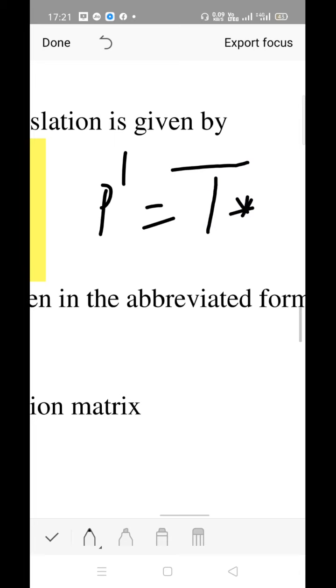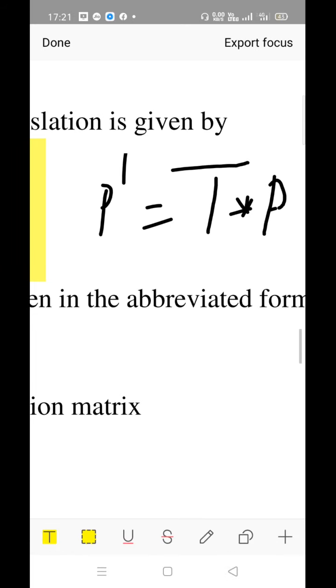One is T, where T represents the translation matrix, in multiplication with the original value of the xy coordinate P. So P dash equal to T into P, where T is the translation matrix, and P is the matrix that represents the original value, that is x and y.